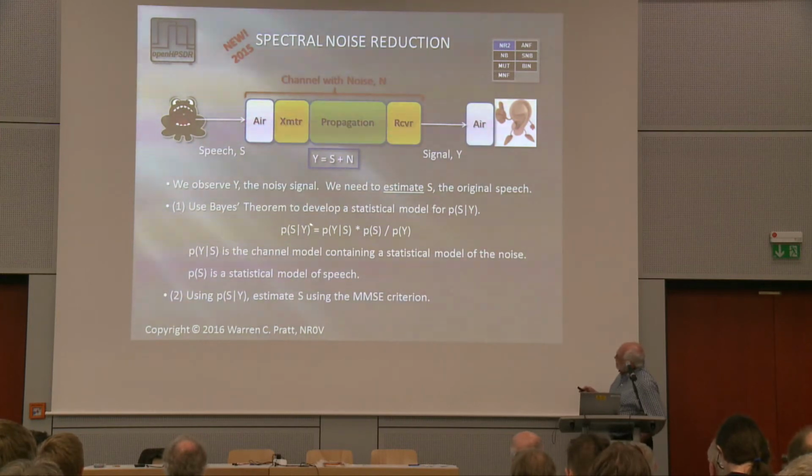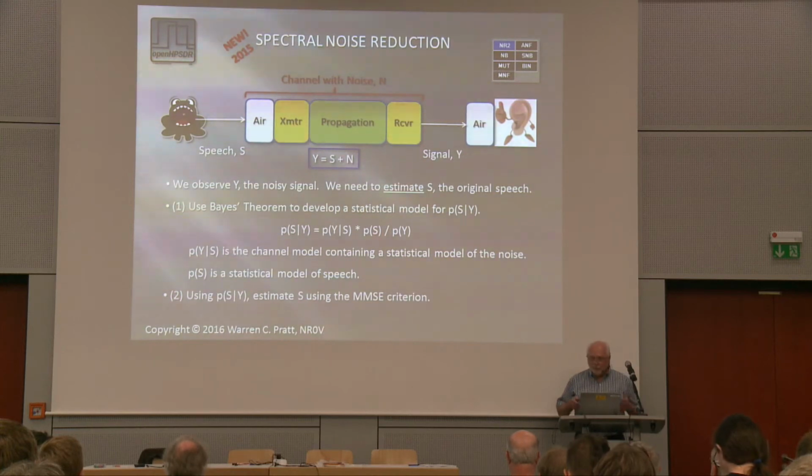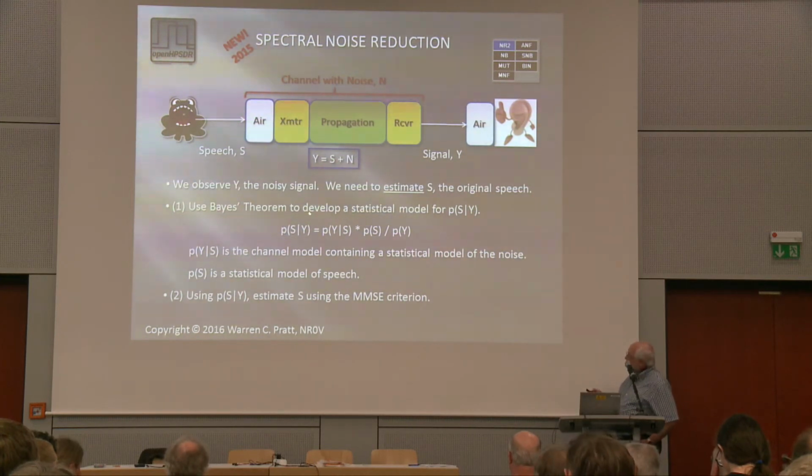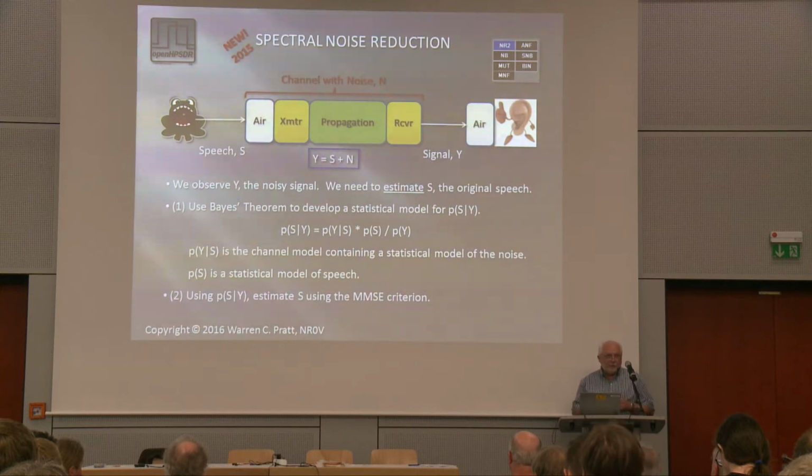The probability of Y given S turns out to be just a model of our communication channel. And we know that Y is S plus N. So if we were to use a statistical model, say a Gaussian model of noise amplitudes, and apply that to S, essentially generate a channel model using a statistical model of noise, we can calculate a probability of Y given S. The probability of S is sometimes called prior information.